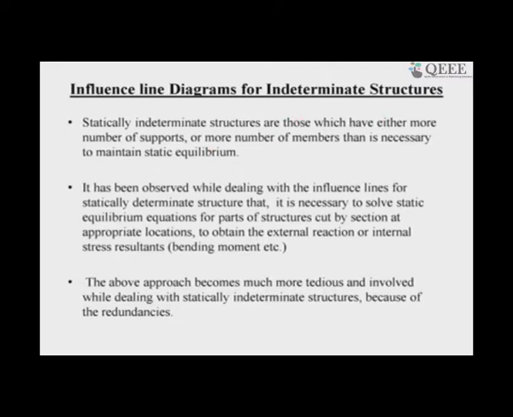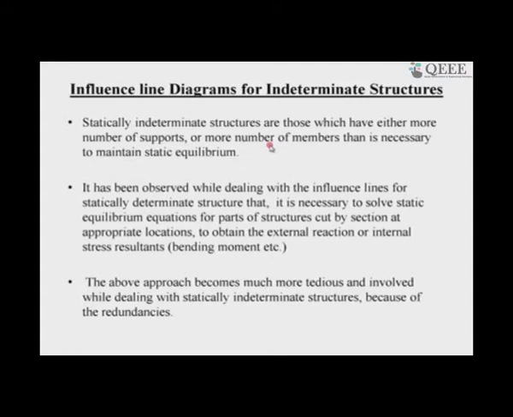In fact, more supports give rise to external indeterminacy. So, a structure can be internally determinate, but externally indeterminate. Other way around, a structure can be internally indeterminate, but externally determinate. That means, you may sometimes be able to solve the reaction forces, but not the member forces of the truss or internal stress resultants, or you may be able to solve for the internal stress resultants or the member forces, but not the external reactions.